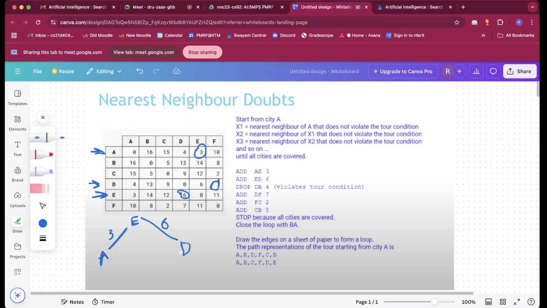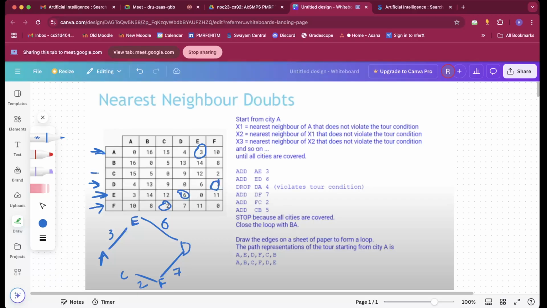So D will be connected to F with cost 7. Next we have to find an edge from F, and here the lowest one is 2, which is F to C. So F will be connected to C with cost 2.